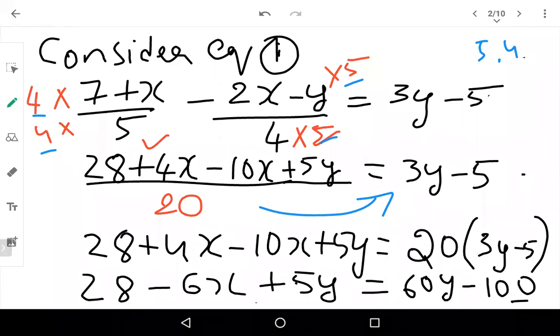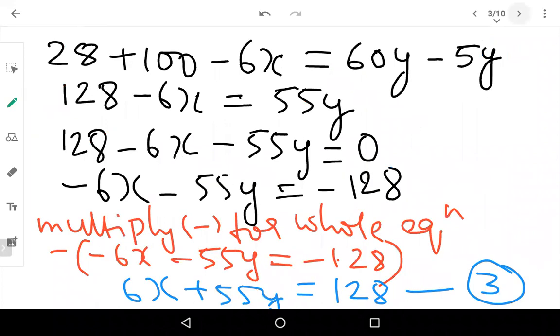Fine. So here we have got 28 minus 6x. How did we get minus 6x? 4x minus 10x is nothing but minus 6x. Plus 5y will remain as it is. Now here we have multiplied 20 into 3y, which is 60y. 20 into minus 5 is minus 100. Now moving on further, we simplified the equation and we got minus 6x minus 55y is equal to minus 128.